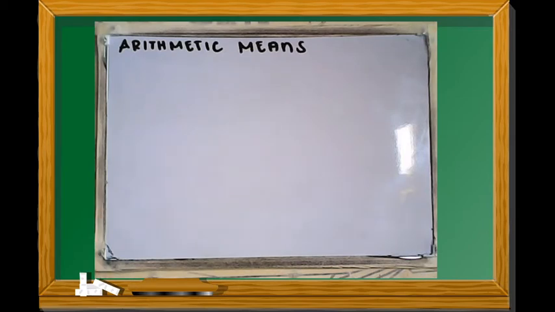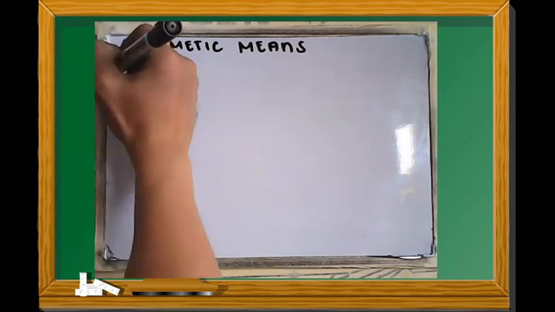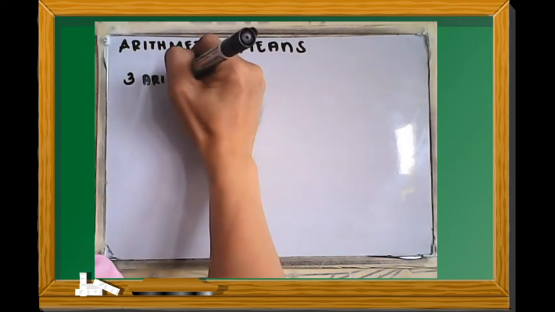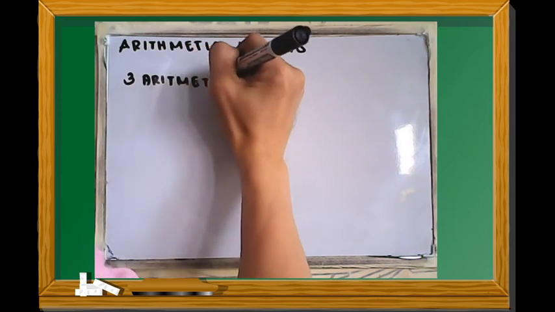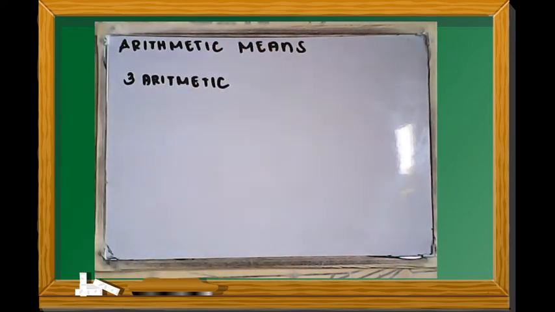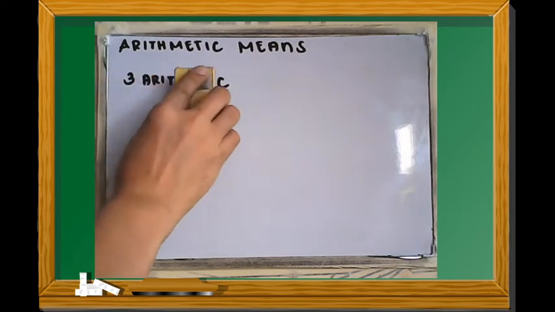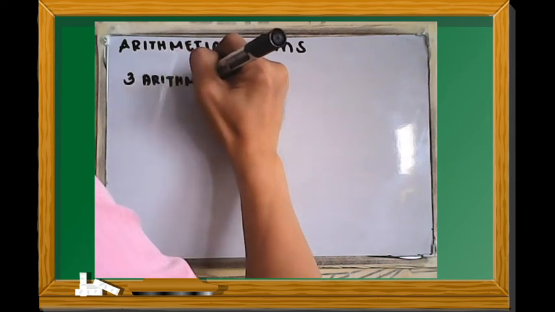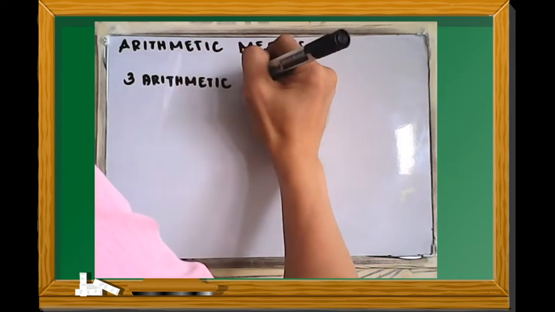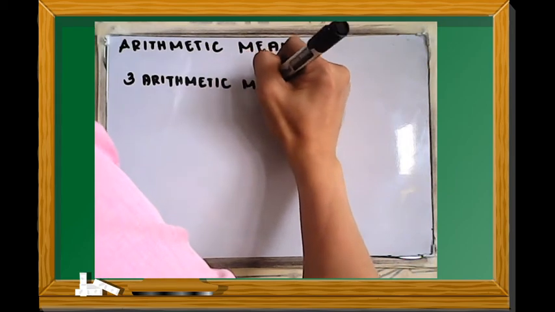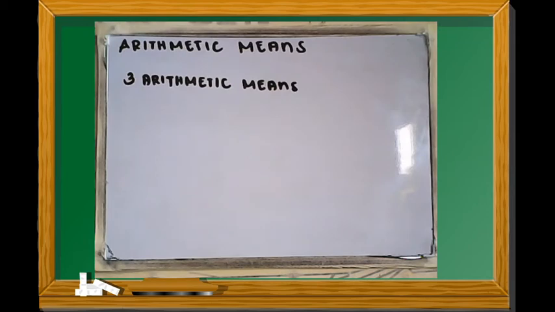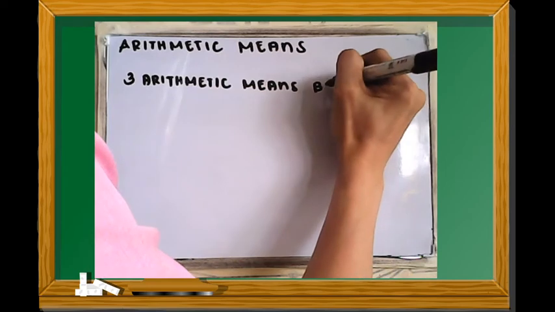three arithmetic means between 17 and 1.